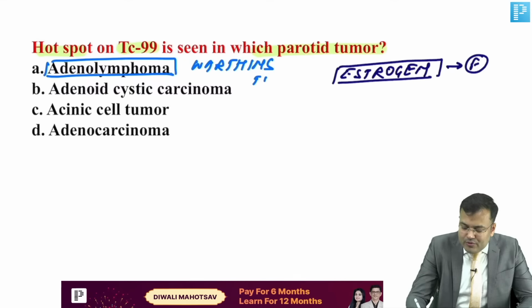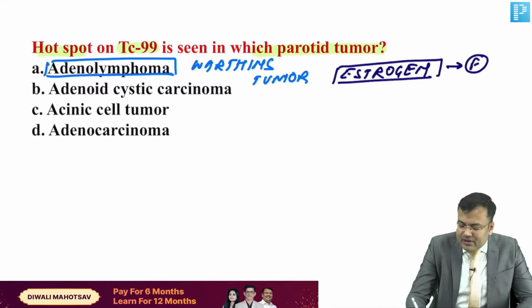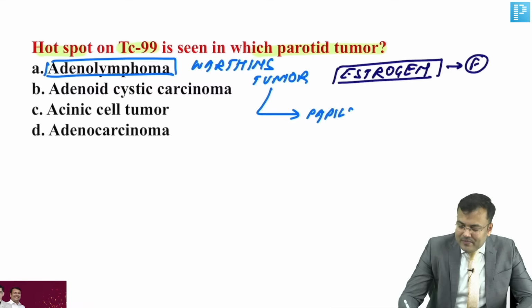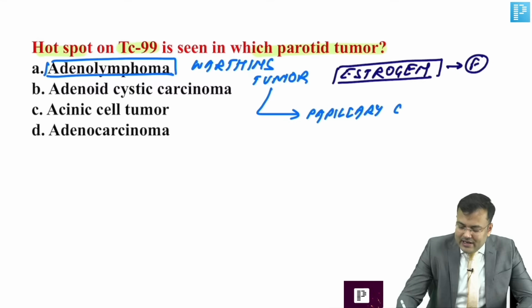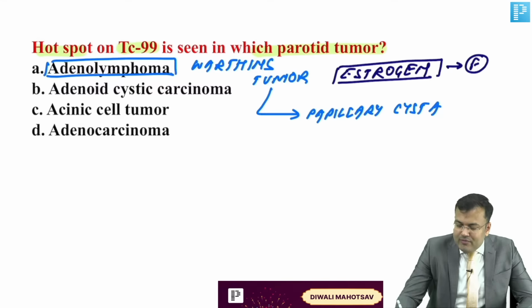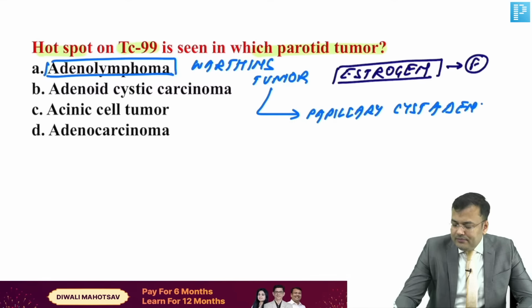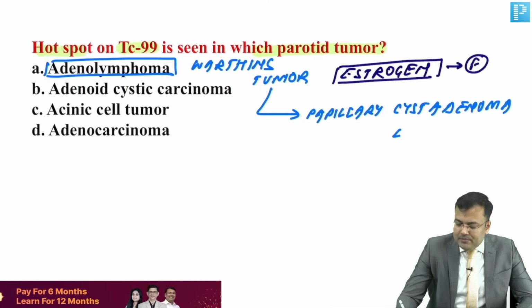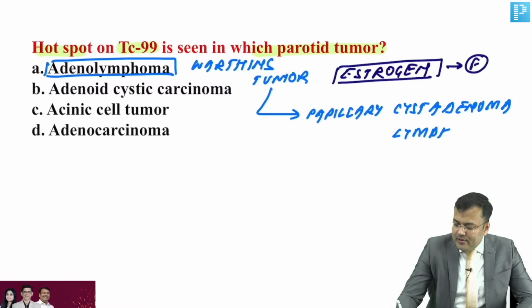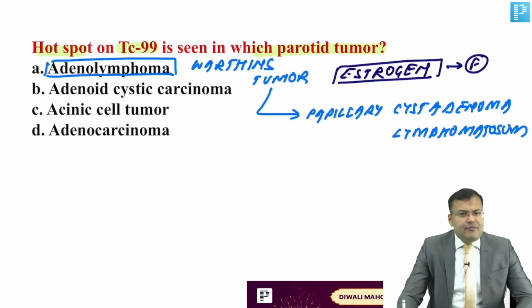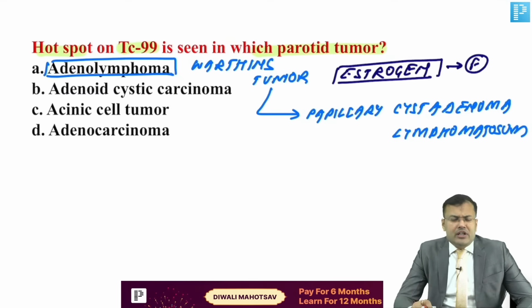Why is it known as adenolymphoma? Because both epithelial and lymphoid components are there.